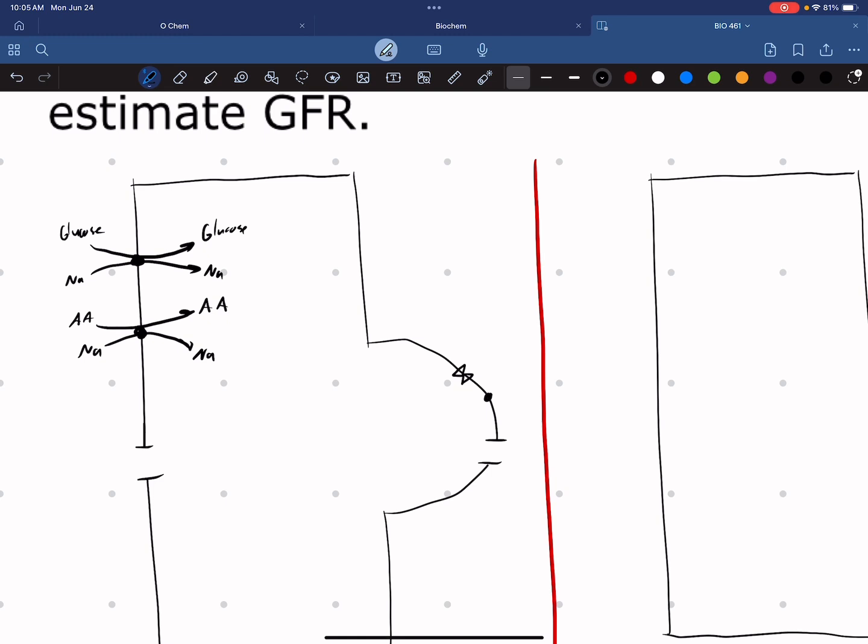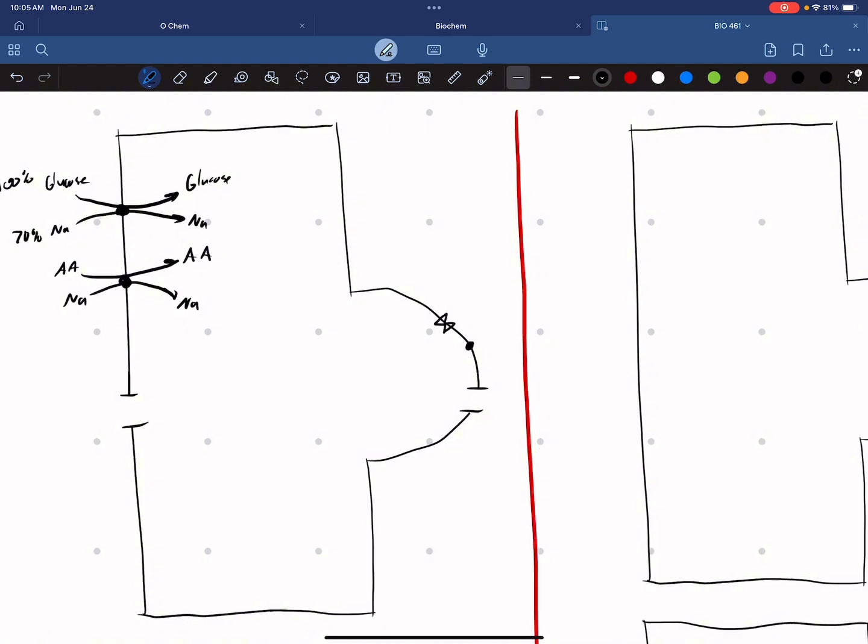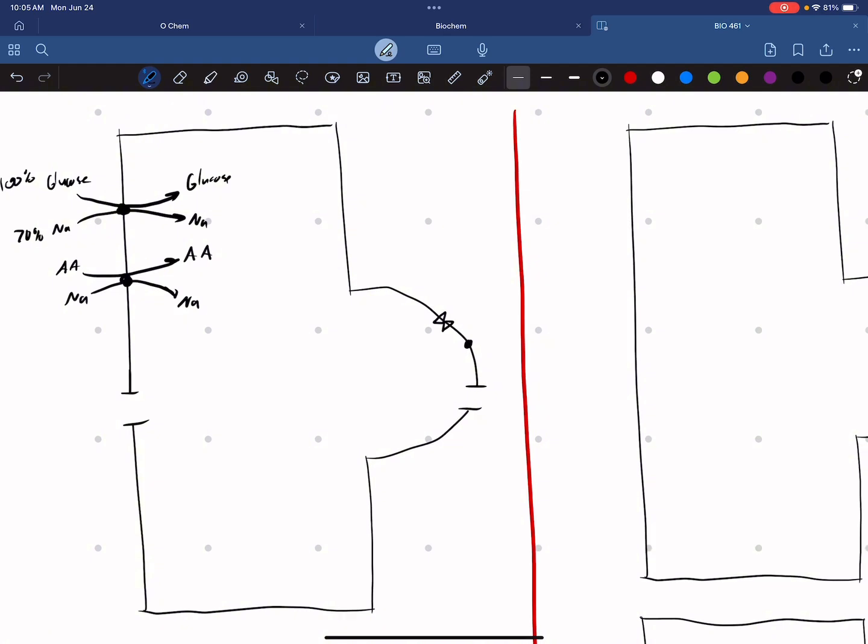And so 100% of the glucose gets transported into kidney cells, but only about 70% of sodium gets transported in. And so here we have this opening where water can go ahead and pass through and get reabsorbed back to the blood.